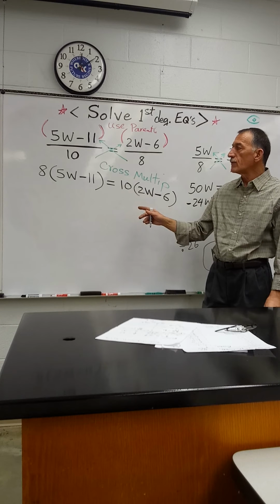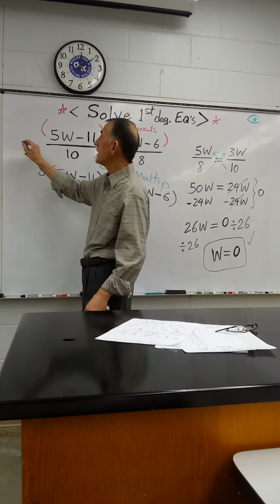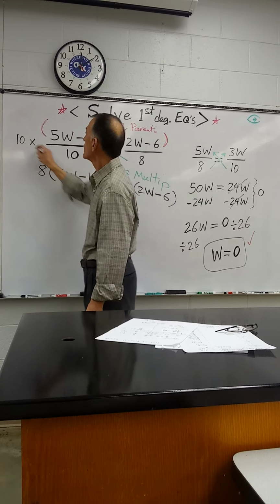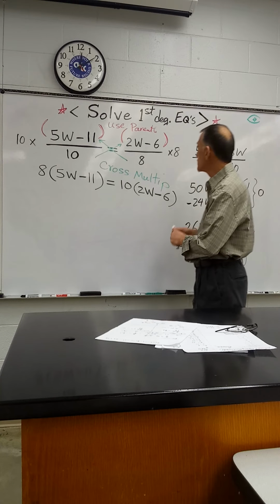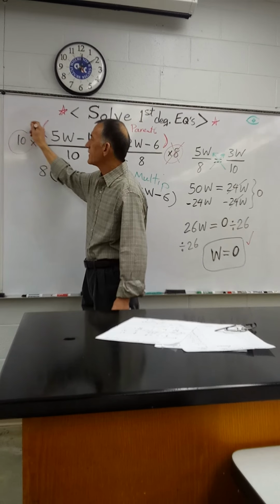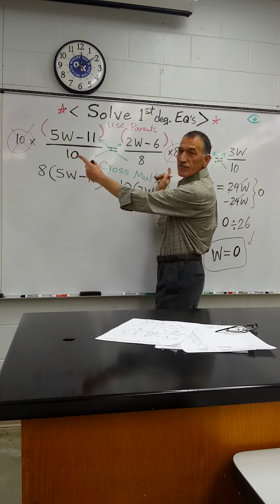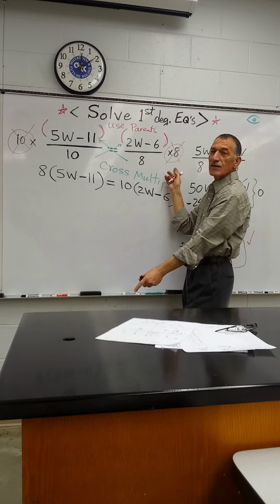And that's not the only way. Some people might say, why can't I multiply this side by 10 and multiply this side by 8? No. That's a huge mistake. Bad move. A disaster. Why? Because you're multiplying by two different numbers. You cannot do that. You cannot multiply that side by 10 and this side by 8.